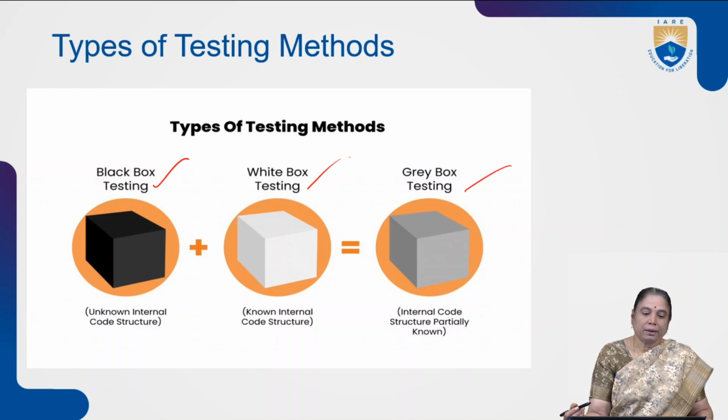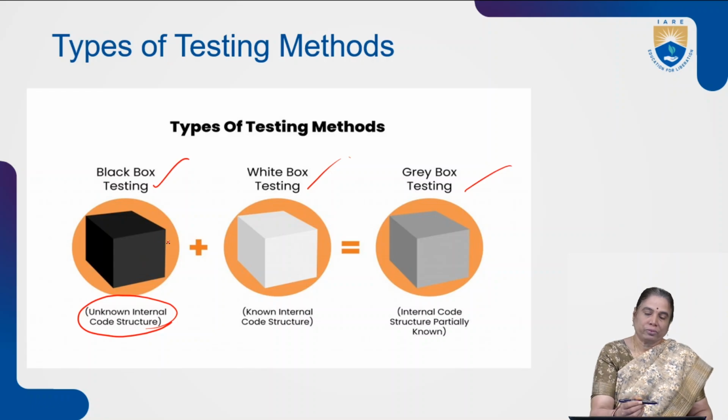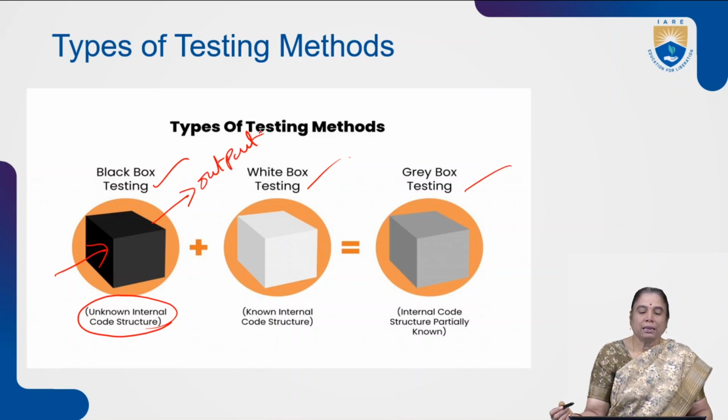The internal code structure is unknown in black box testing, so it is functionality testing. The required input is supplied to the black box, and we verify whether the required output is reached or not.